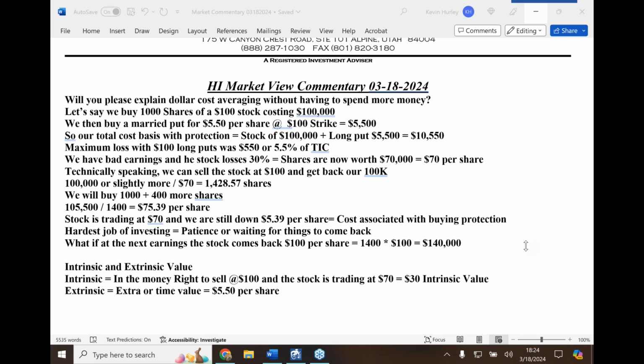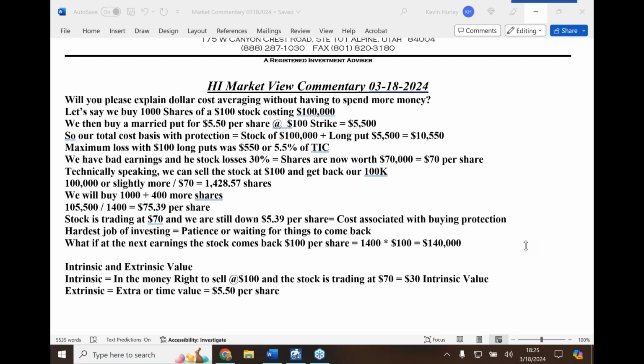It's kind of funny because the answer is usually no. Those puts are going to be around $5,500, but instead of being at $100 to protect it, our next protection will be at $70. And instead of costing $5.50, it might cost $3.75. But we now have to do it for 400 more shares. So the price will still be pretty close to that $5,500 every single time as it's going down.